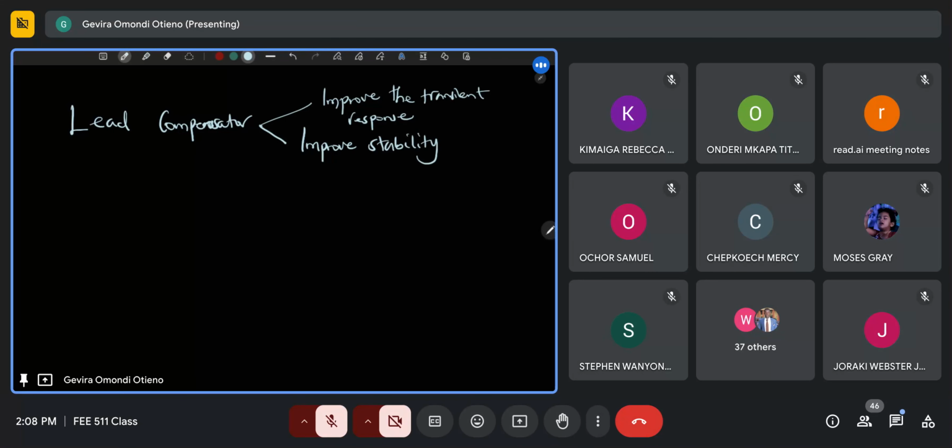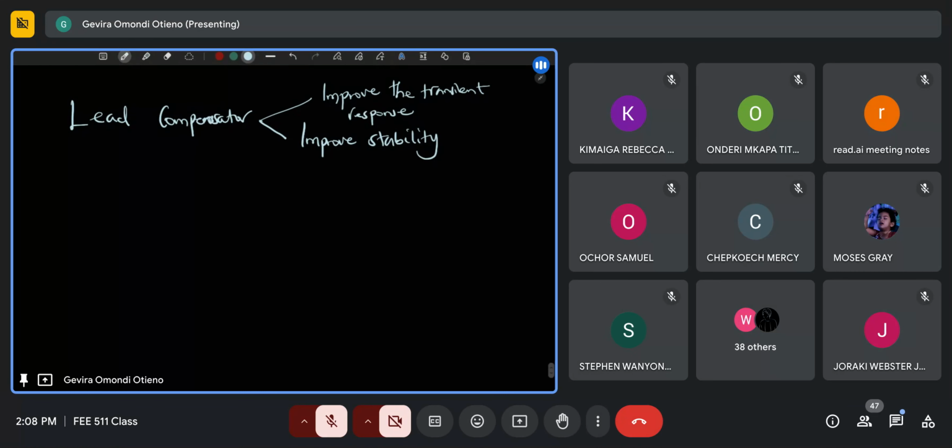of a lead compensator. So you will always see that in a lot of design, especially in control systems that involve feedback control systems, we use a lead compensator first because we intend to achieve, one, the transient response needs to be the right response that we expect, and also we need to improve the stability of the system.